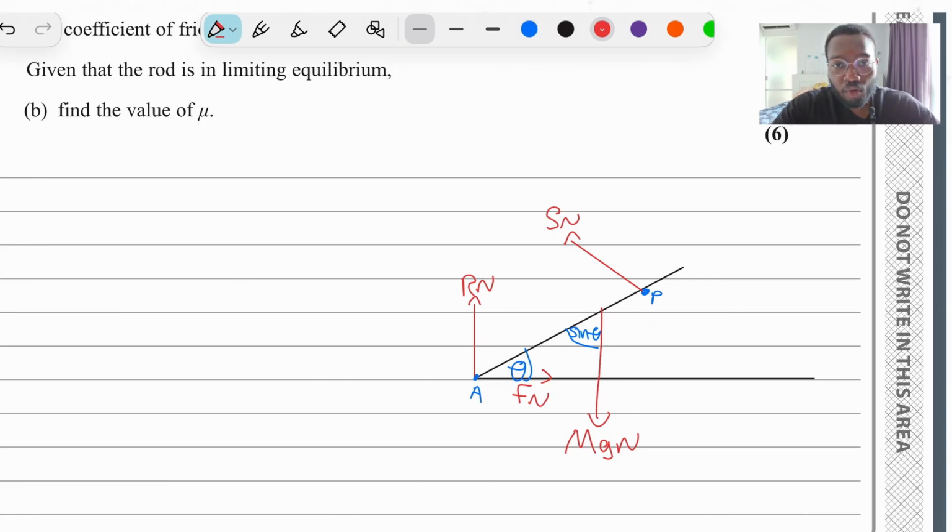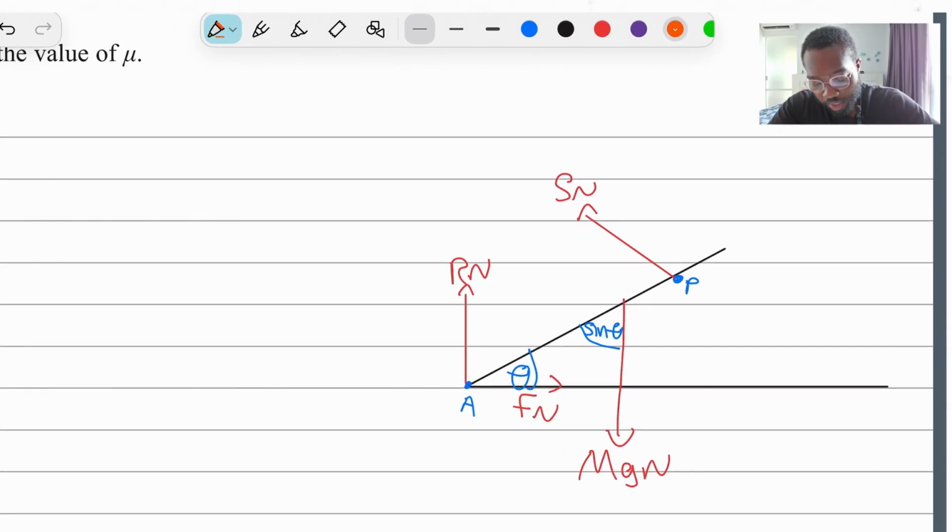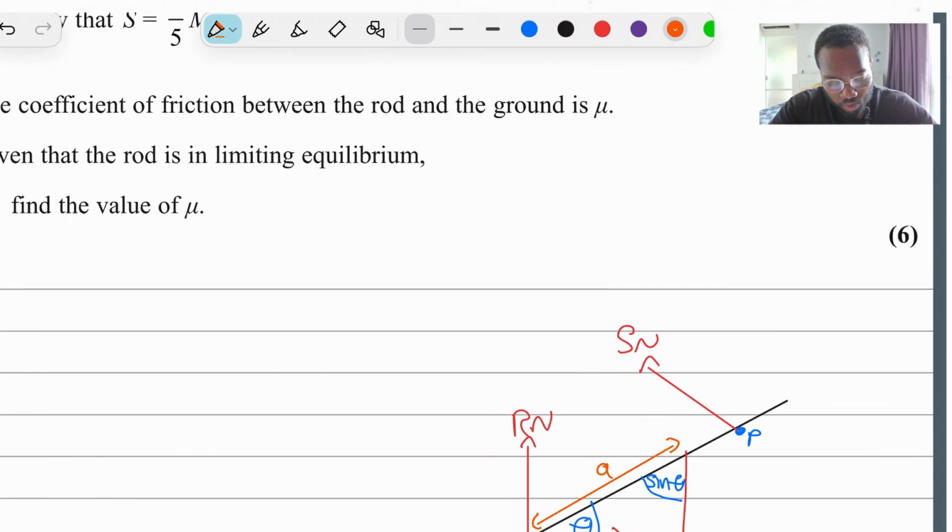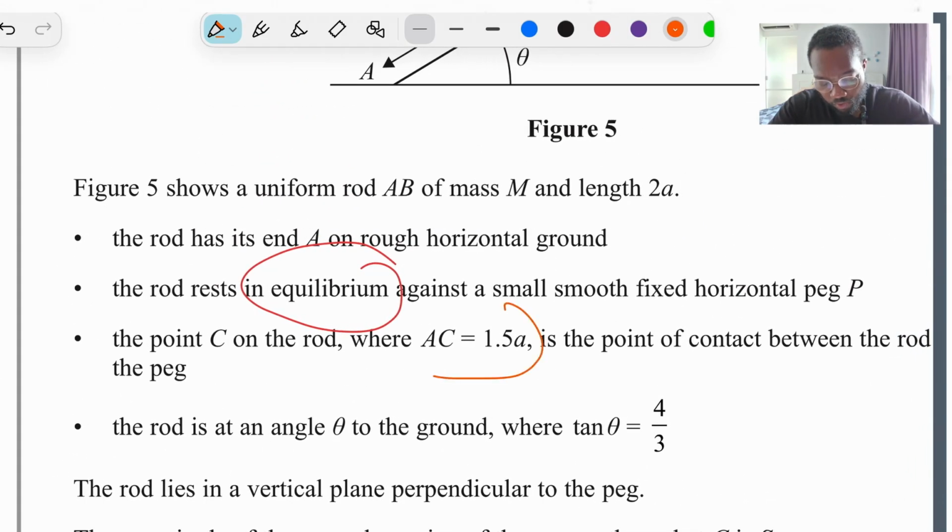And what do we need to do for this question? Oh, we know lengths as well. So let's think about the lengths. Because it's a uniform rod, we know that the weight is going to be at the midpoint. So if it's length 2a, this distance here will be a. They tell us in the question that AC is 1/5.